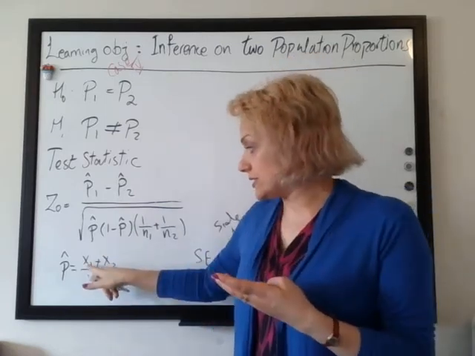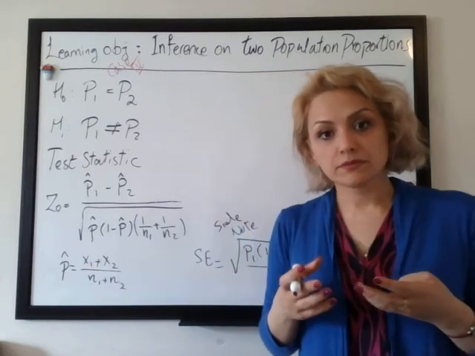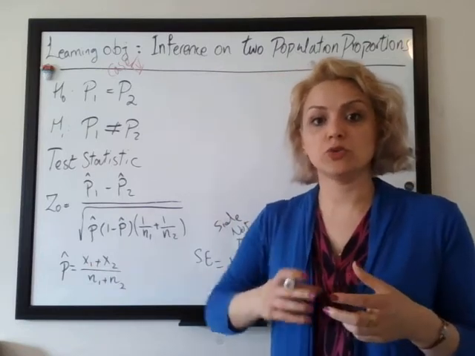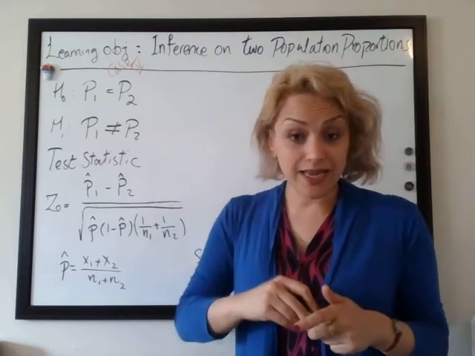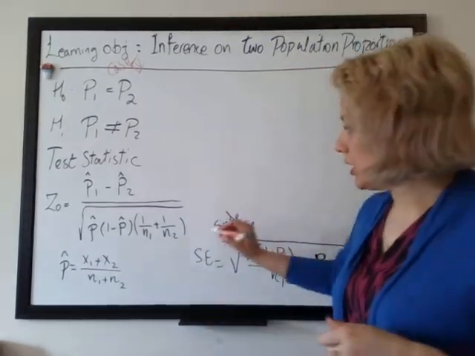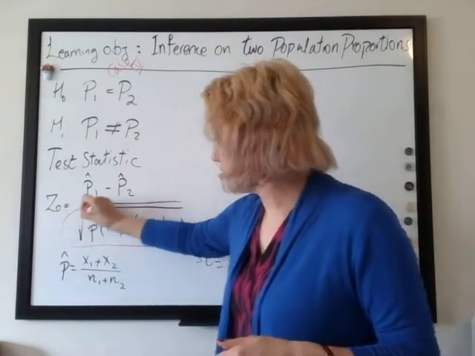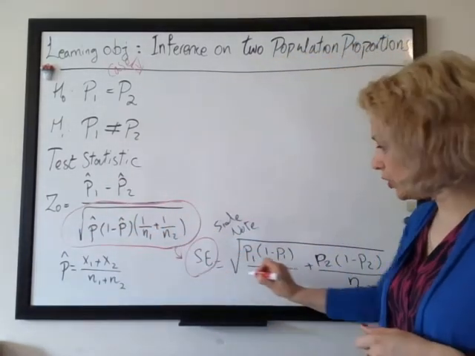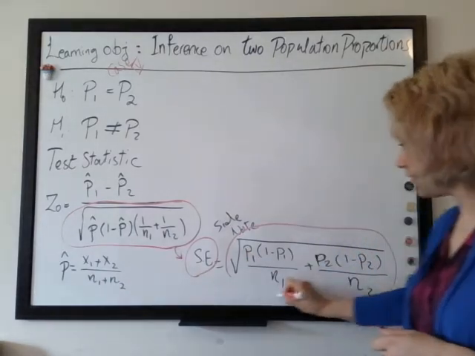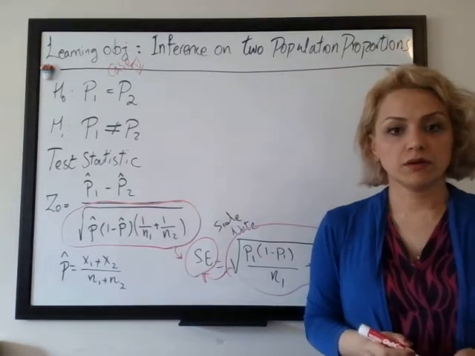Of course, for the P estimate, I would need to consider the values that I have for P1 and P2. So for the standard error, you can consider this one, right? Or you can consider this one. Both are acceptable.